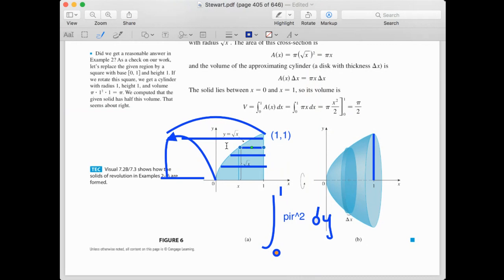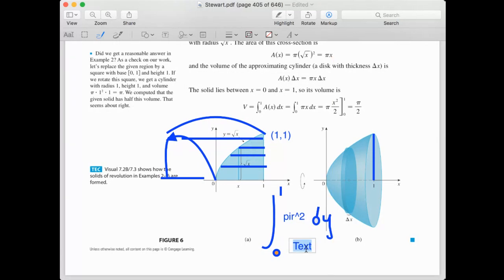The volume is this. So what is r? R is from this function, square root of x, up to 1, right?